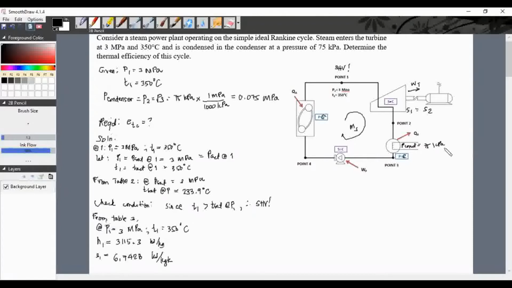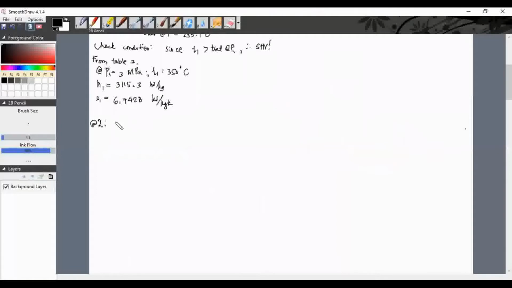At the same time, since P is equal to C, we can say that P2 is equal to P3. So, meron na tayong dalawang properties, S at saka P. Okay? So, I have P2, which is equal sa P ng condenser, that is 0.075 megapascals. And then I have S2, which is equal to S1 na 6.7428 kilojoules per kilogram Kelvin.